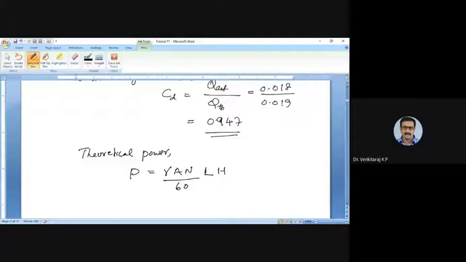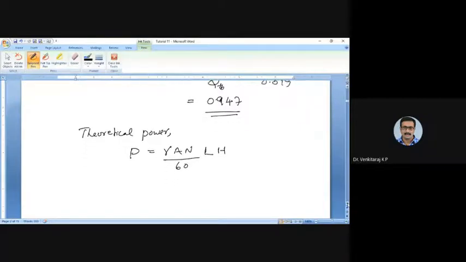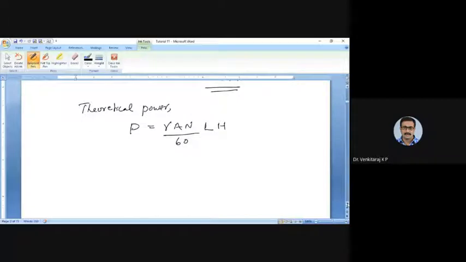gamma is the specific weight of the fluid.